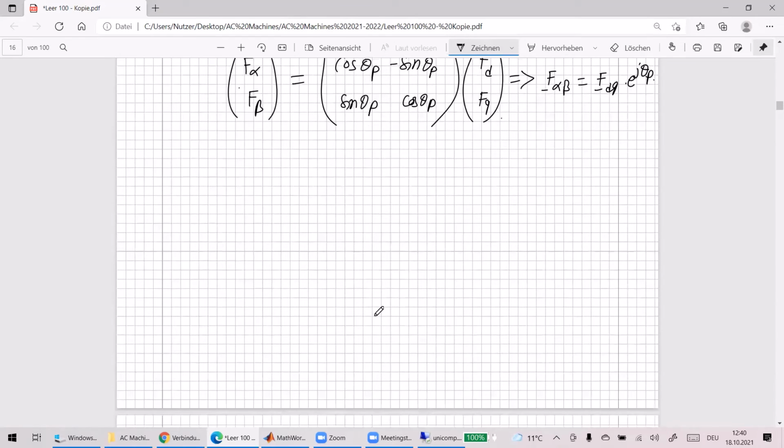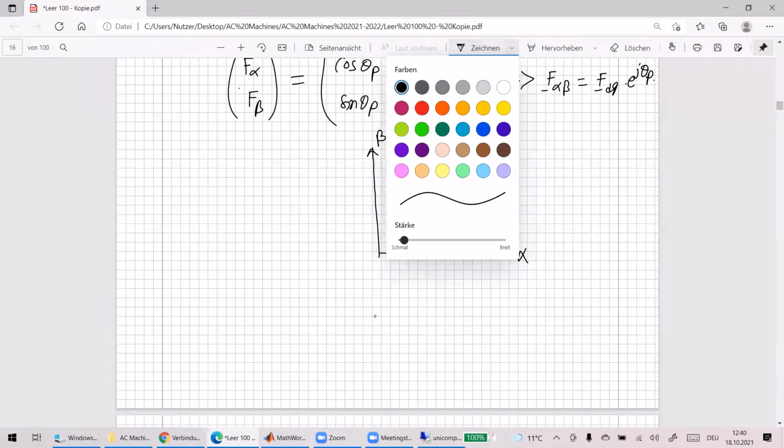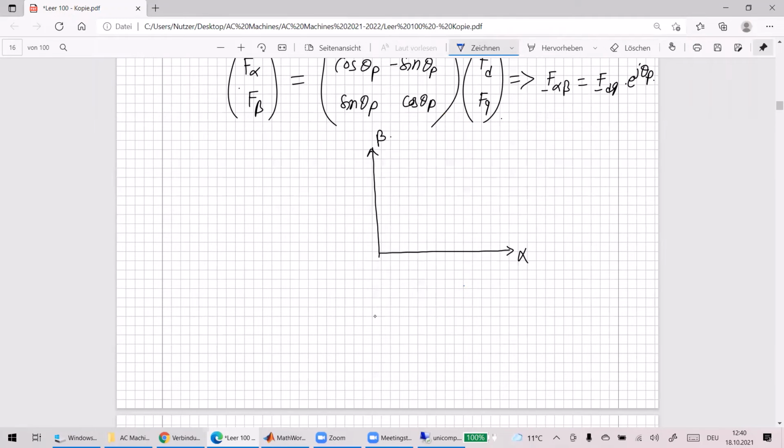So what we have seen is this is our alpha axis, this is our beta axis, and this is your a axis, c axis, and b axis. This we have already seen, right?